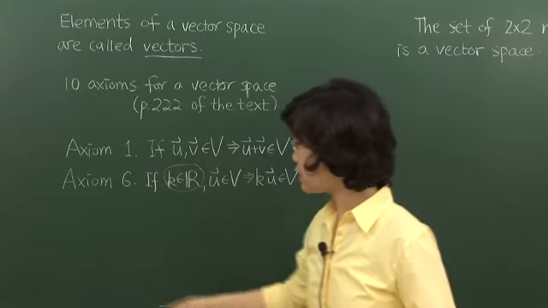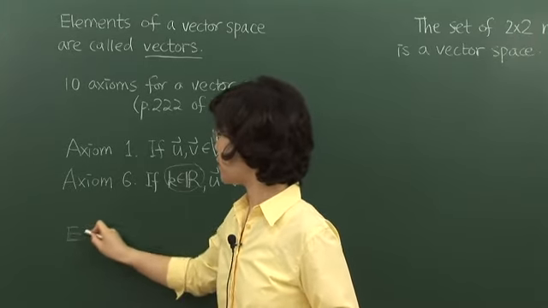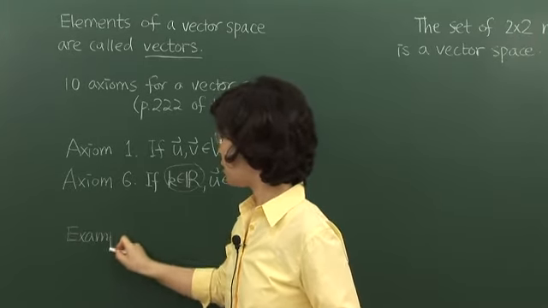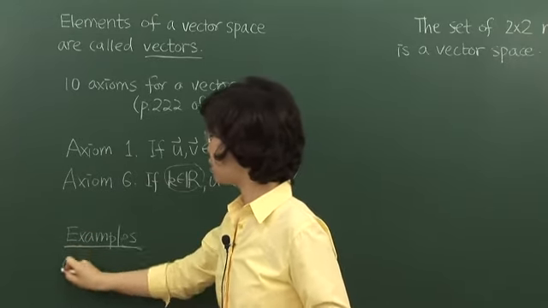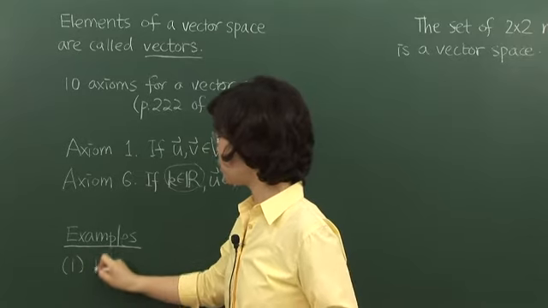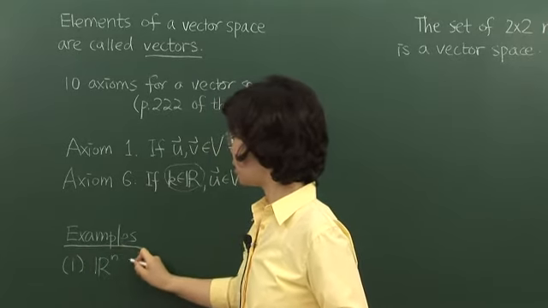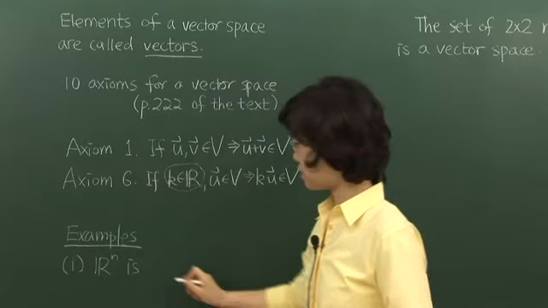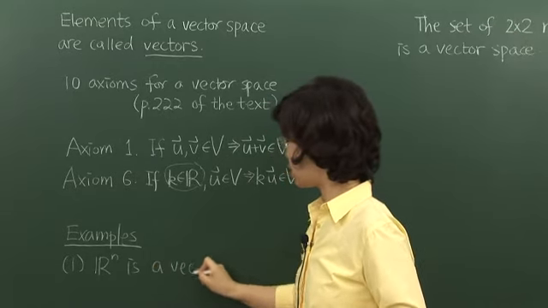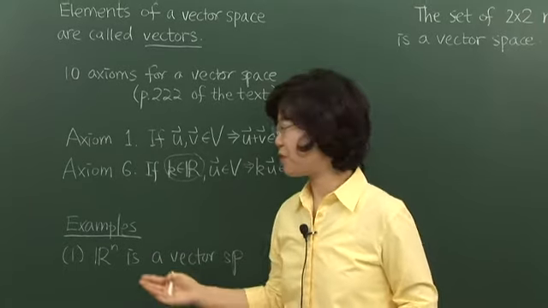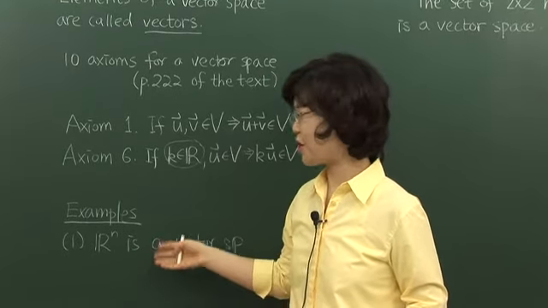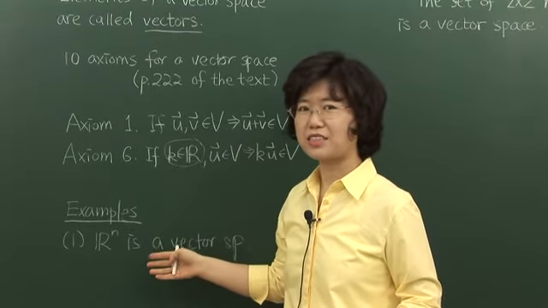Now let's take examples of vector spaces, and each example is actually important. First, Euclidean n space Rn is a vector space. This example will not be surprising to you because we already call them vector spaces.